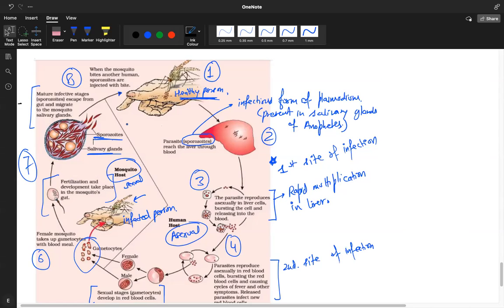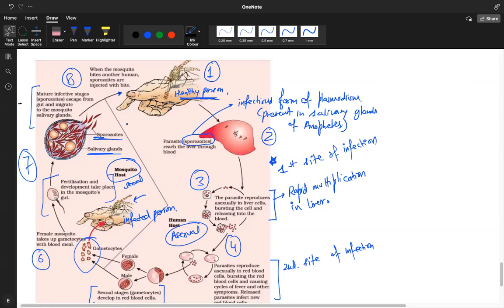But at one stage of its life, it becomes rogue, and it's called histolytica because histo means tissues and lytica means to degrade, to kill, lysis, to tear it down. So it starts killing the tissues in which it is living for its nutrition, starts eating. If Entamoeba histolytica goes to the liver, it starts killing the liver. If it goes to the brain, it starts eating up the brain tissues.